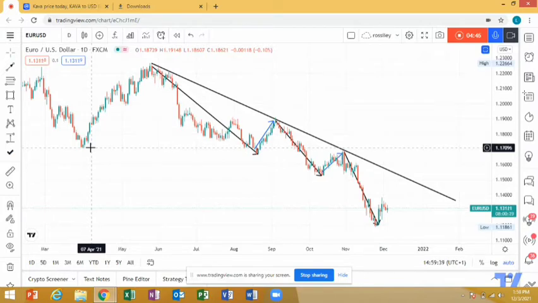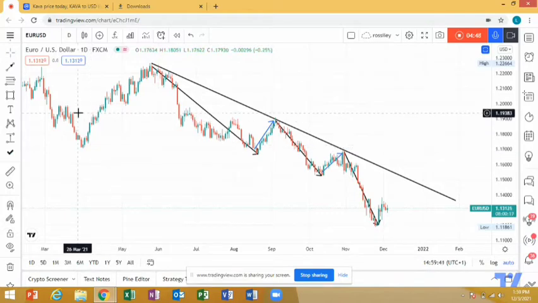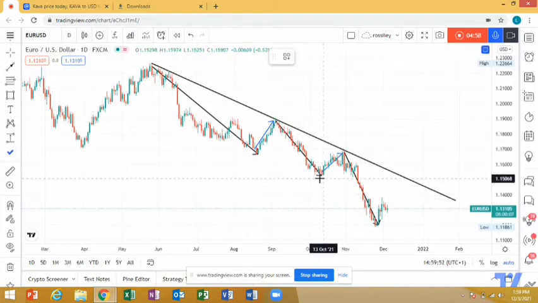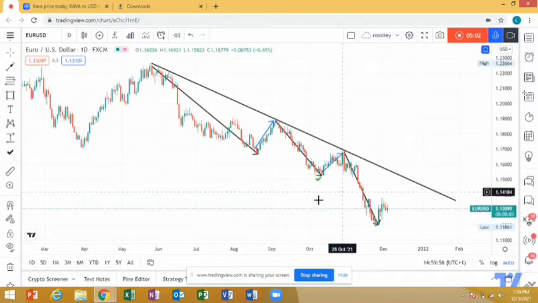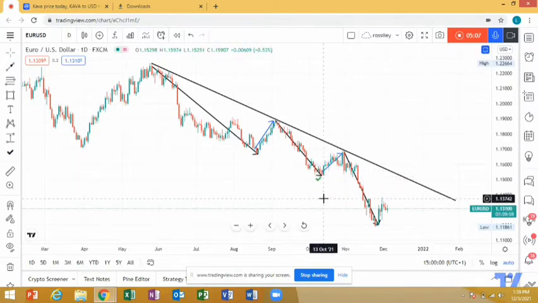Okay, so now how will you enter this market? Let's say the market was somewhere around here when you open your chart, at this green mark.